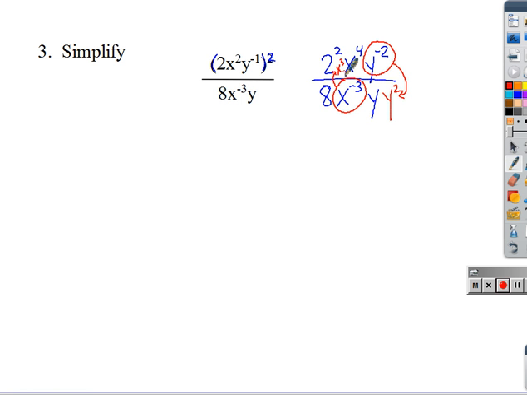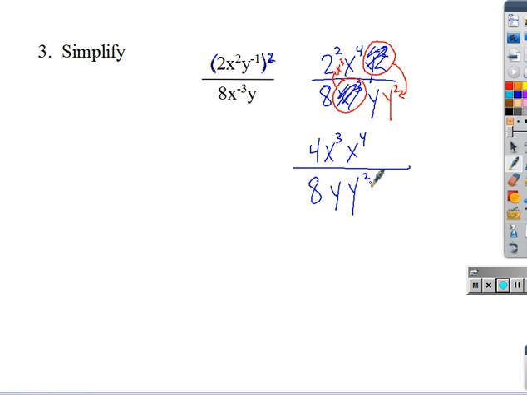And now I'm going to rewrite what I have after those two moves. So the 2 squared is unchanged, 4. I have x cubed, x to the 4th. The y squared is no longer here. The 8 is unchanged. The x to the negative third is no longer here. And then I have y squared.